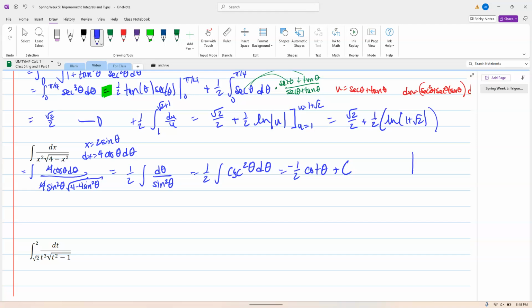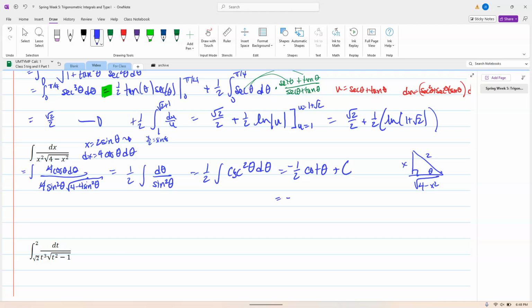So I need to make a triangle, acute angle theta, and then x over 2 is equal to sine theta. So then this is square root of 4 minus x squared. And cotangent now of this angle is adjacent over opposite.